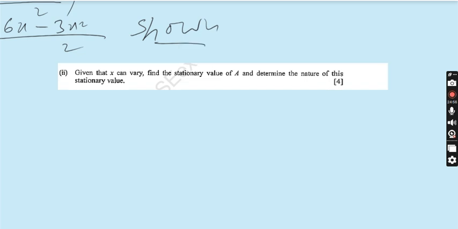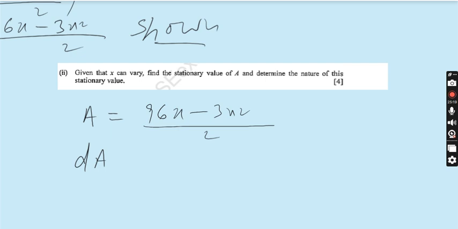Given that x can vary, find the stationary value of A and determine the nature of this stationary value. Very easy. We have found the area is 96x minus 3x square upon 2.